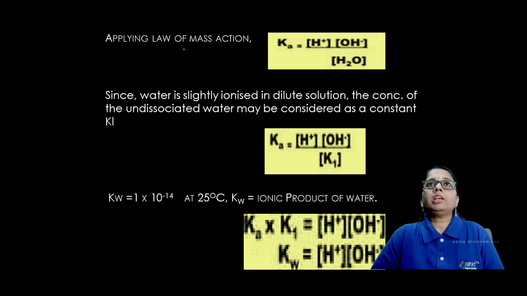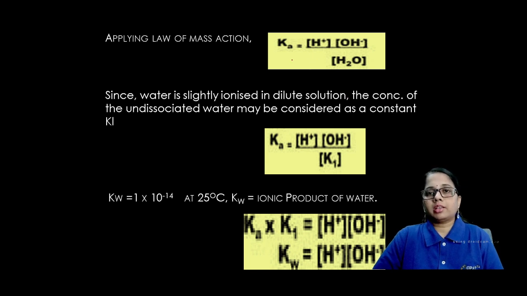Applying the law of mass action, you can calculate the Ka value. Ka, that means acid dissociation constant, equals the concentration of the H plus ions into the concentration of the OH minus ions divided by the concentration of the water molecule, that means the reactants or substances which are going to react.